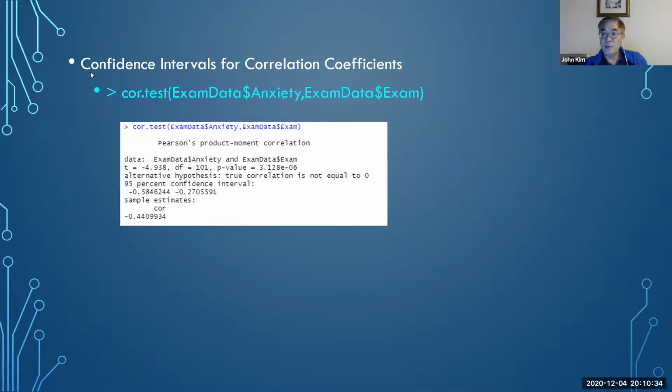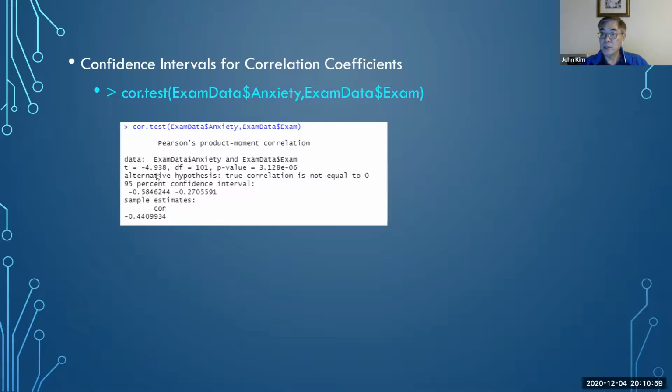And then the interval, at the 95% confidence interval, plus minus, like a 95% kind of range.